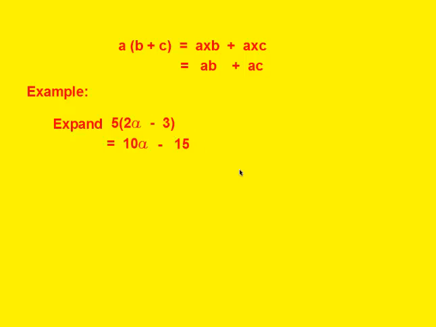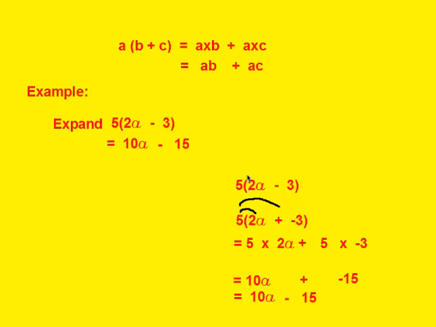If you want to really see the way it goes, although we don't really think in the way I'm about to show you, so if you want to shut off for a minute, you can do that. But if you want to understand how this really works, let's look at this. 5 brackets 2a take 3. We've learnt that to subtract a number is the same as adding its opposite. So strictly we can write it as 5 brackets 2a add negative 3. And then we say 5 multiplied by 2a, here it is, add 5 multiplied by negative 3, here it is.